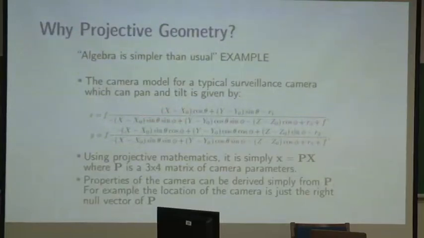All right. So in a way, the fundamental point here is that this relationship between capital X's and small x's, small xy and capital XYZ, is a non-linear relationship, because there's a division involved. Here we have a linear relationship between them, because matrix multiplication is a linear operation, which you study in linear algebra.